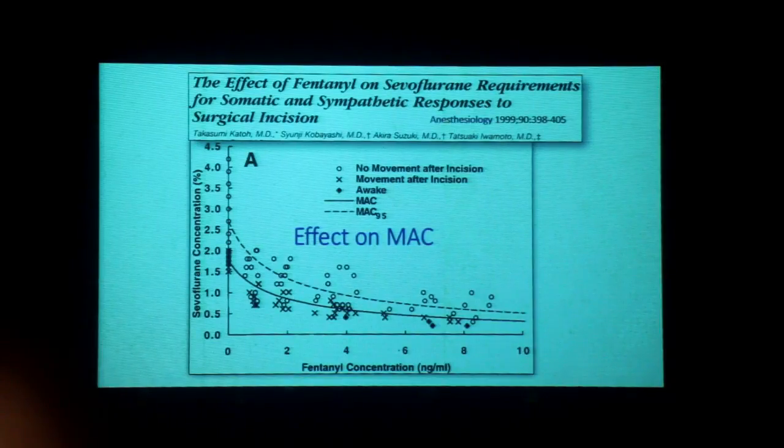The normal concentration of fentanyl in the blood which we require is about 2 to 4 nanogram per ml, and these concentrations are achieved by 1.5 microgram per kg of fentanyl. Is it clear? When you don't give any fentanyl, this is MAC 95, the dotted line.